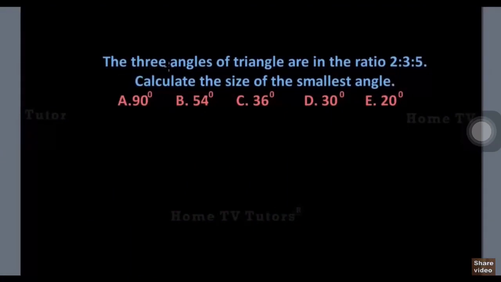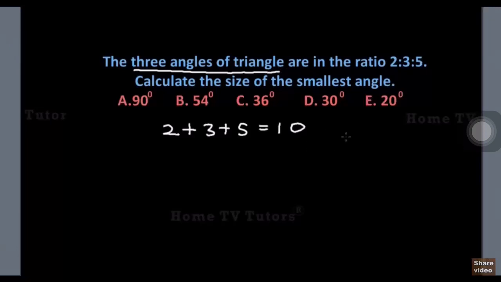So we move to the next question. The three angles of a triangle are in the ratio 2, 3, 5. Calculate the size of the smallest angle. The angles in a triangle add up to 180 degrees. So we add the numbers given to us, 2 plus 3 plus 5, which is equal to 10.